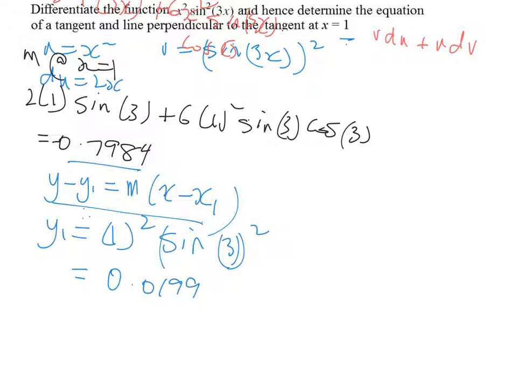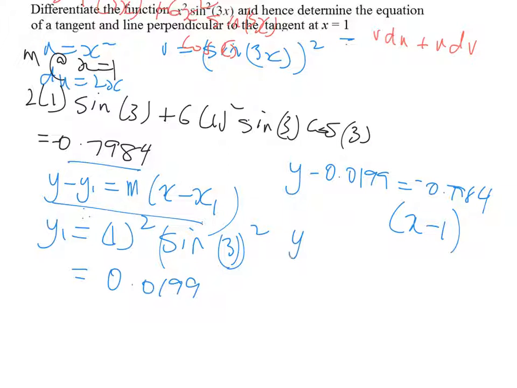Now, from there, we're going to substitute into our equation for the new graph. So we've got y minus 0.0199 equals negative 0.7984, open brackets x minus 1, and we simplify and solve.